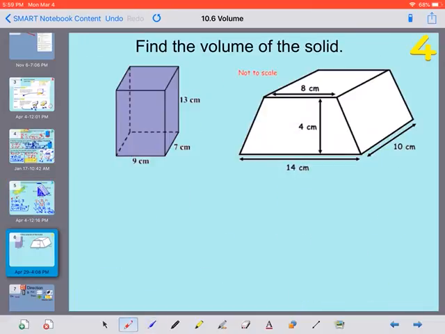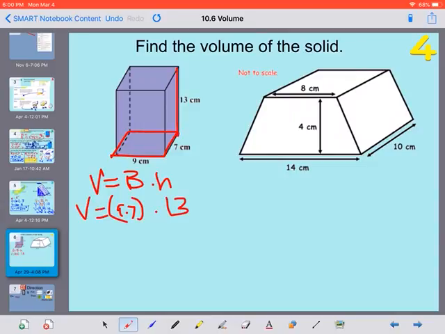We have two more shapes that we need to find the volume of. This first one, we have area of our base times the height. Our base is a rectangle. They're all rectangles, so you could really pick any side to be the base. So our base is 9 times 7, and times our height, which is 13.